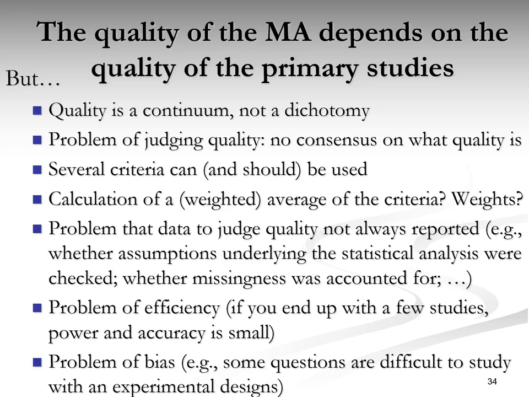But if you use multiple criteria, how are you going to weight these criteria? If you want to say something about the quality of a study in general, are you going to calculate an average of these criteria? And which criteria are you going to give larger weights than other criteria?